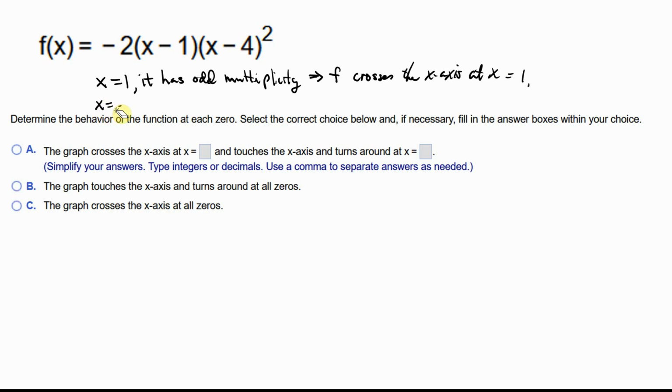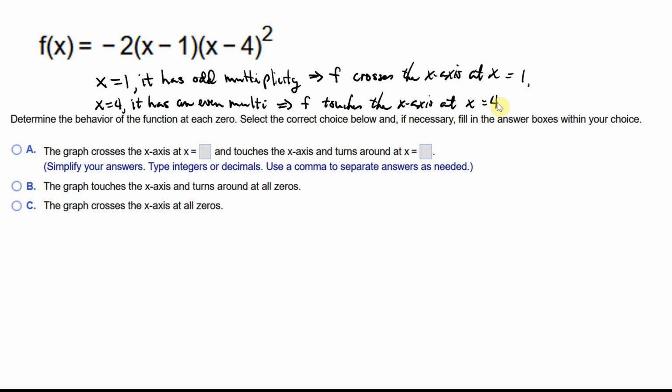Now, at x equals 4, it has an even multiplicity. So that puts us in the mind of x to the second. For that, it just touches. So here, it touches the x-axis at x equals 4.